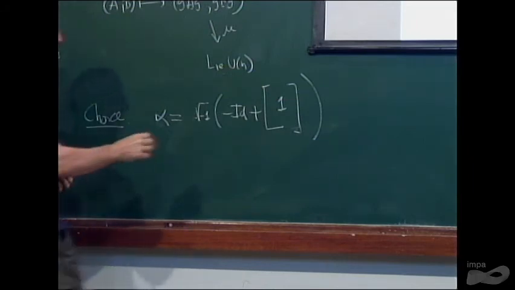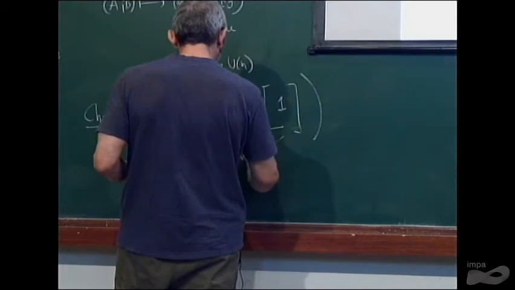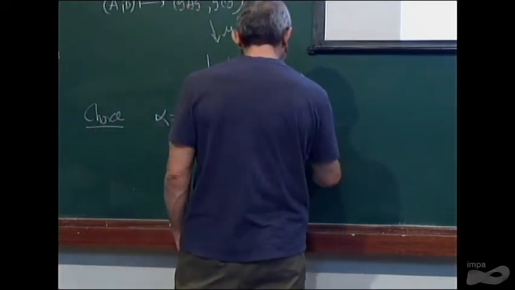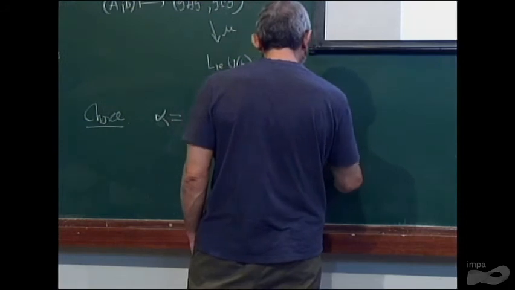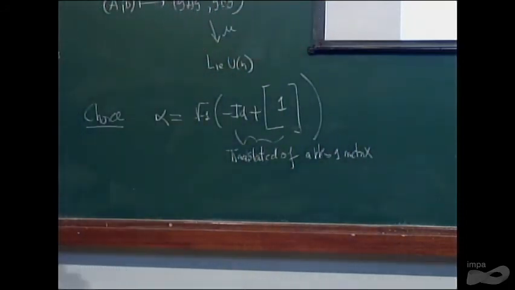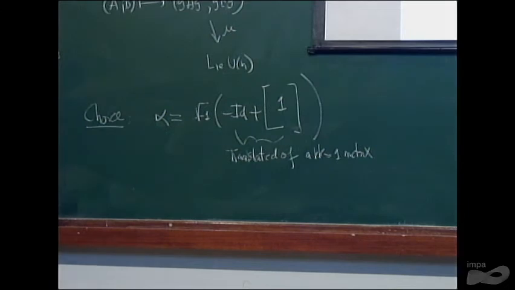So this is a translate of a rank equal to 1 matrix. What they prove, which is very simple to prove, is that this alpha here is a regular value for this momentum map.